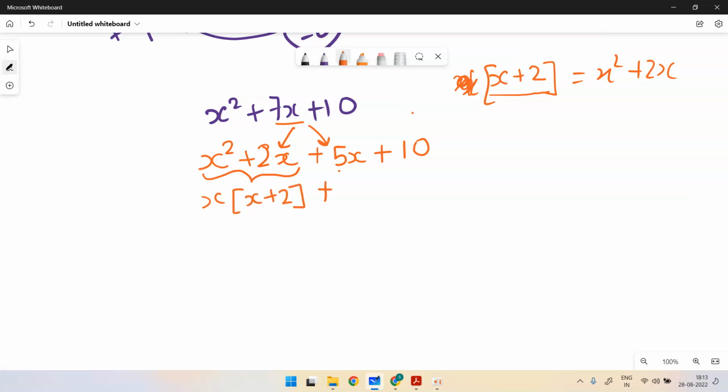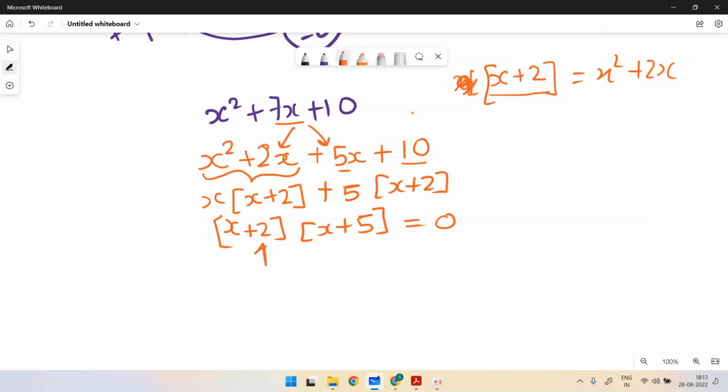Here you can take 5 common, this is x plus 2. Now you can take x plus 2 common from this, which gives x plus 2 into x plus 5. If you equate this to 0, then either this or this will equal 0.